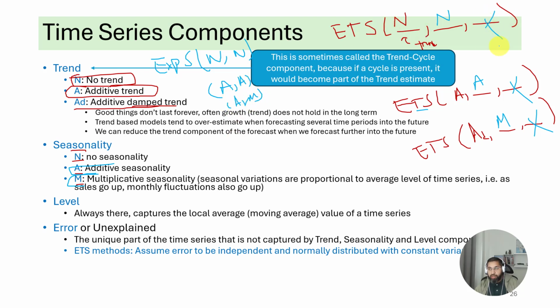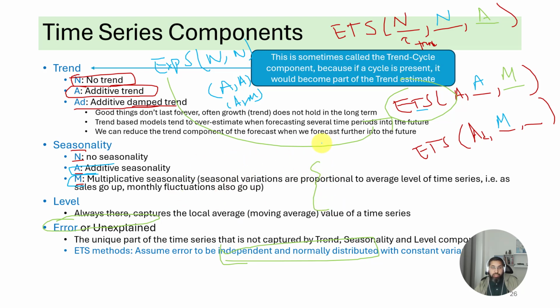But an ETS method will have a third term, okay, and what will be that third term? That will be the error term. So for ETS methods, you can have an additive error, A, or a multiplicative error, M. So the error term is explicitly modeled in ETS methods. That's the upgrade over exponential smoothing, because once you model the error term and the error is normally distributed, random and independent, then you can make a prediction interval.